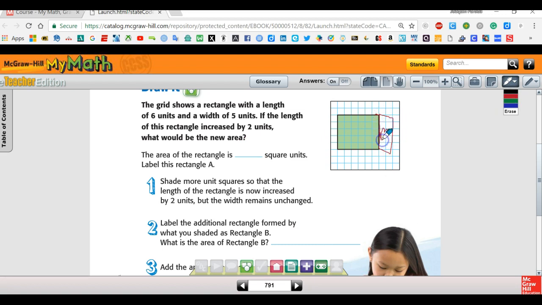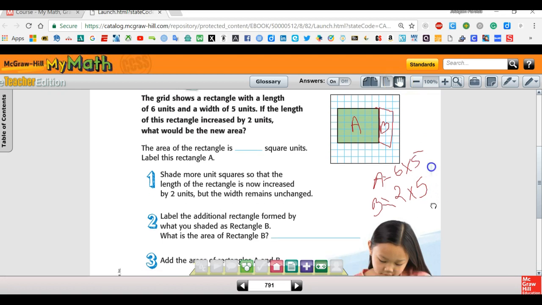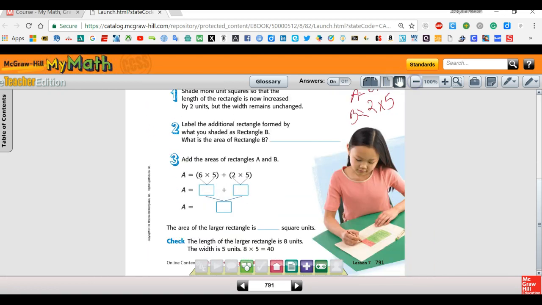So this is B and this is A. That's what they want you to do. The area of B is going to be 2 times 5. The area of A is going to be 6 times 5. And that's what they have right here.